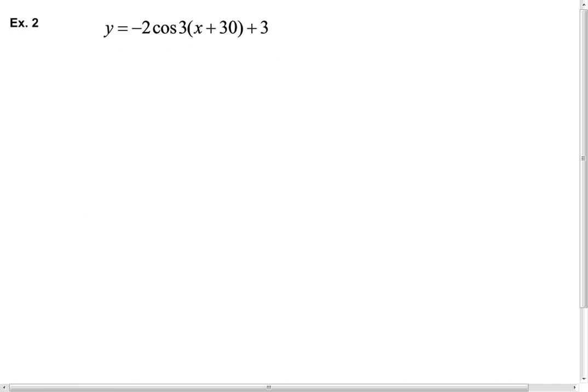Y equals minus 2 cos of 3 times x plus 30, plus 3. Working from left to right, my negative. It is upside down. The amplitude is 2.